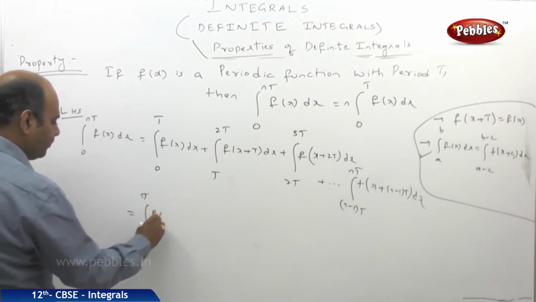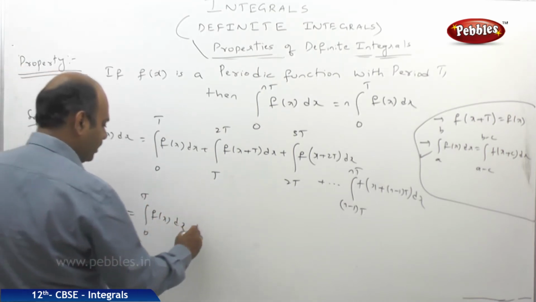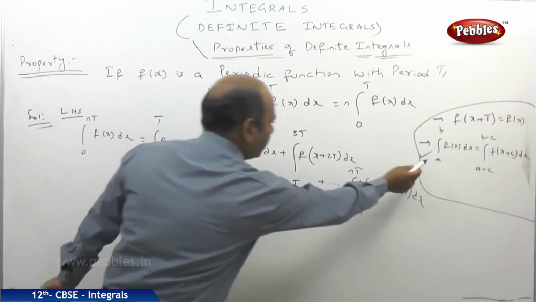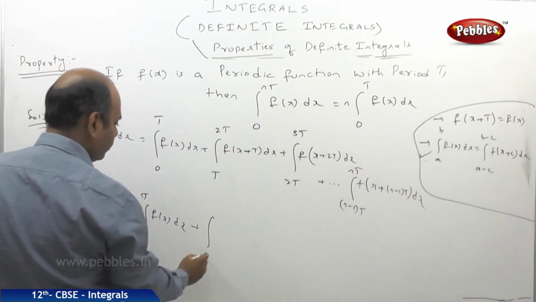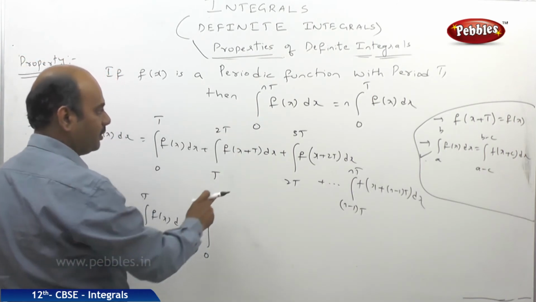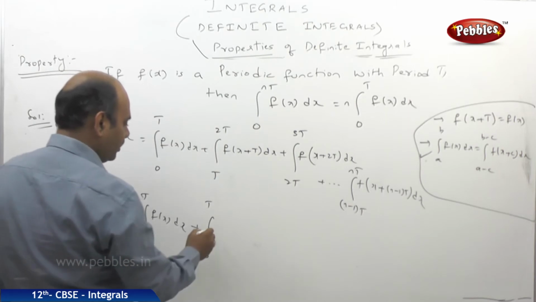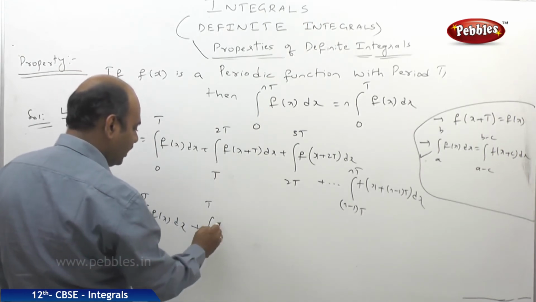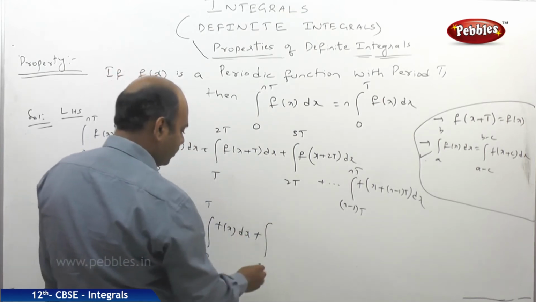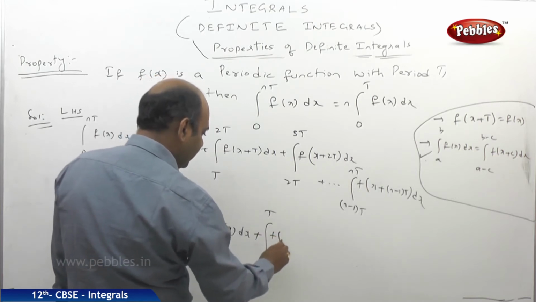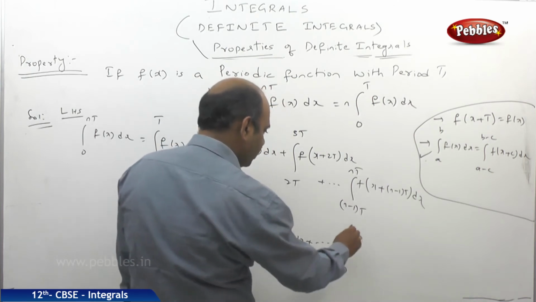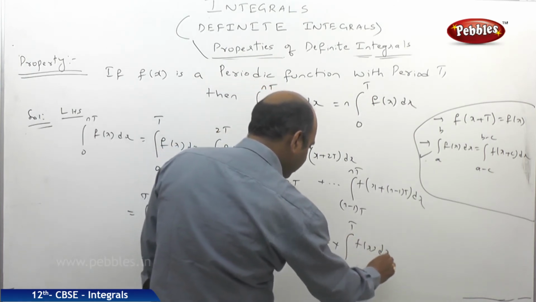So 0 to t f of x dx plus integral of, applying that particular ticked property, this comes to 0 to t, because if I subtract t, then t minus t will be 0, 2t minus t will be t, and the function is periodic with period t, so this becomes f of x dx plus integral of, here also 0 to t f of x dx plus dot dot dot, finally it arrives at 0 to t f of x dx.